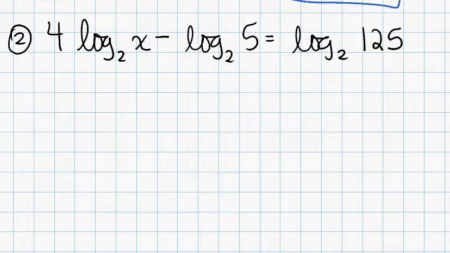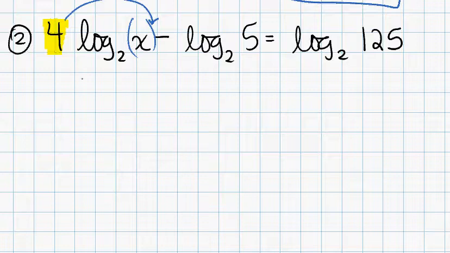So I shall tell you, you always do the power property first if you can. So can you use the power property here? Yes. This number in the front, this 4, becomes an exponent within its logarithm. So it becomes a 4 power on the x.